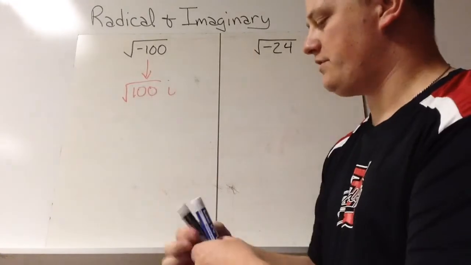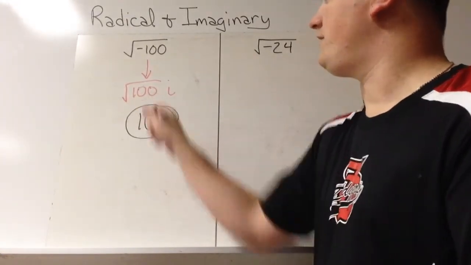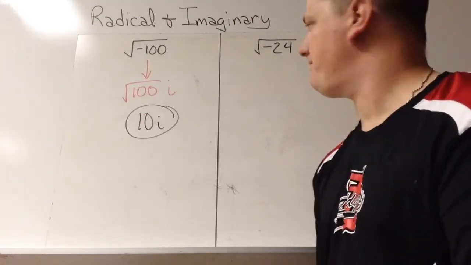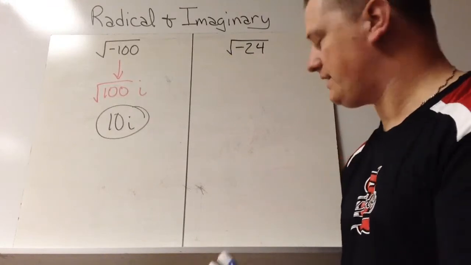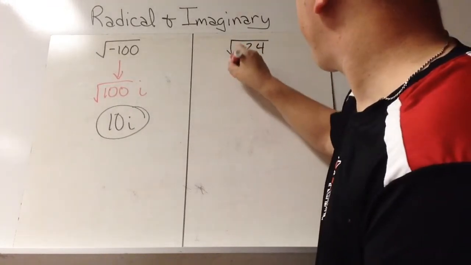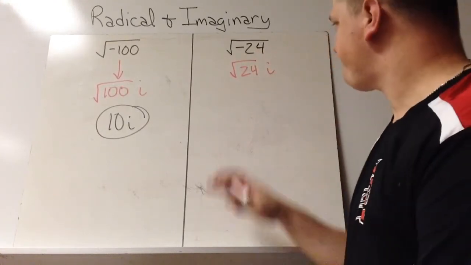So the square root of 100 is 10, and we have our i. So this is an imaginary 10. Okay, we can do that also with numbers that don't square root perfectly. Put the i next to it.